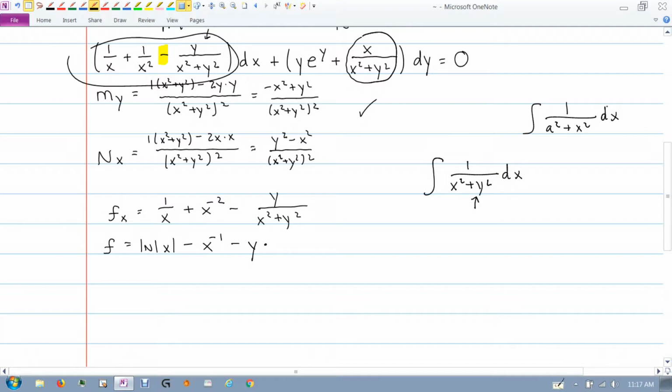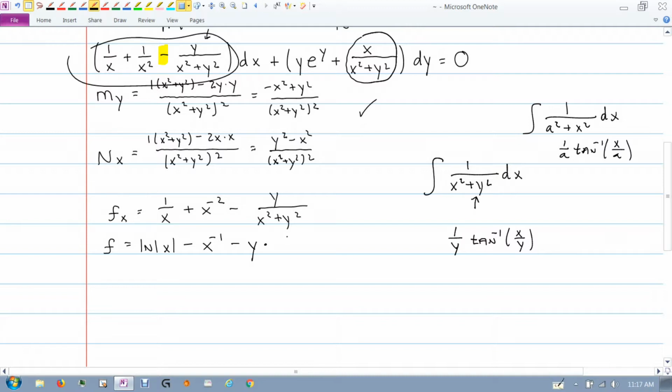So we're going to now have 1 over a arctangent of x over a, like that. So that's the formula for that. So for us, the antiderivative of this is going to be 1 over y arctangent of x over y, like that.